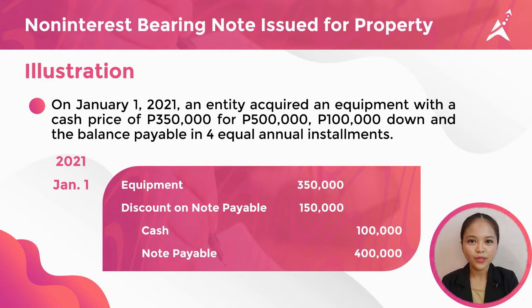Then, we will also debit discount on note payable for 150,000 pesos which is the difference between 500,000 pesos and the cash price of 350,000 pesos. Next, we will credit cash for 100,000 pesos which is the down payment, and we will also credit note payable for 400,000 pesos which is the balance payable.